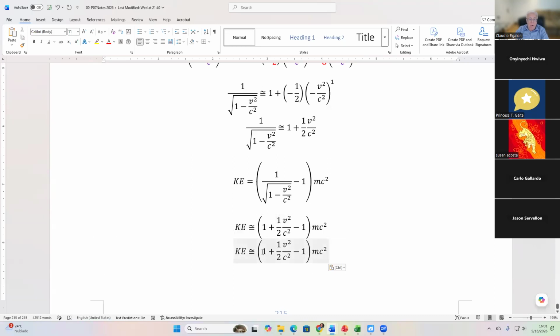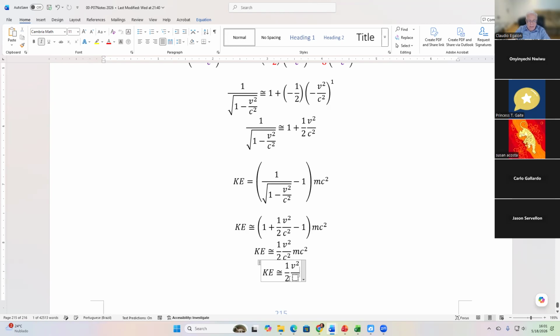Next step, 1 cancels with this other one. And then we are left only with this term right in here. Notice that the C squared is going to cancel out with C squared, right? And look what we get.